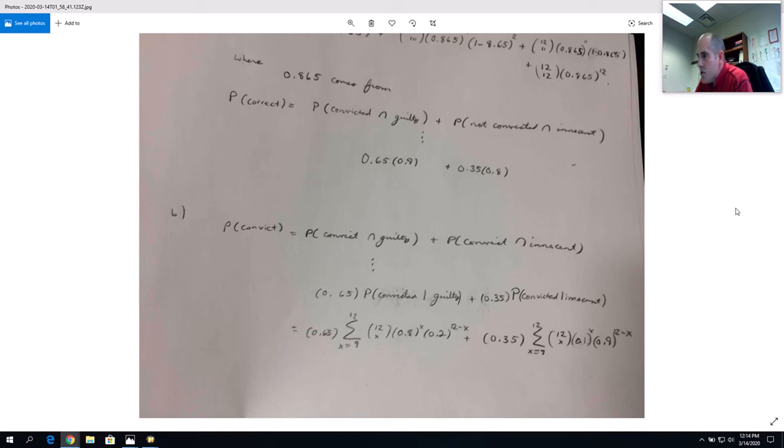And similarly for the second summand, okay, 0.35 is the probability of innocence. Then you multiply that by the probability of conviction given that they are innocent, which is unfortunate, but we know that probability. Conviction given innocent is 10%, yes.